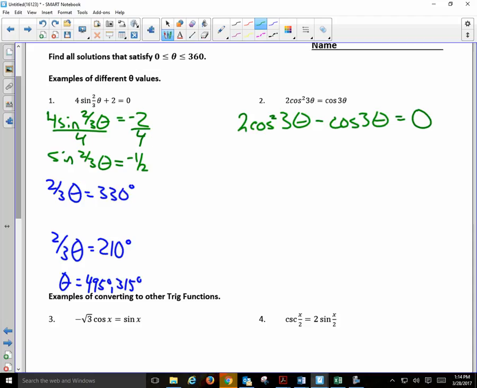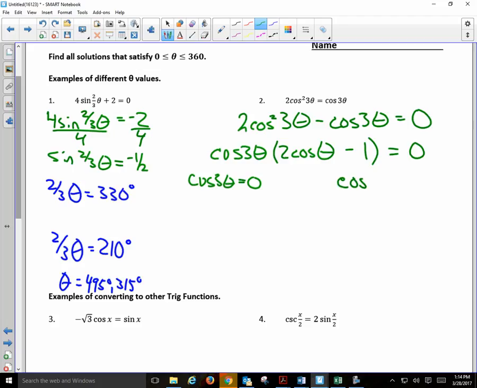Factor out a cosine. Nice job, Rach. Cosine of 3 theta times 2 cosine of theta minus 1 equals 0. So I got to find where cosine of 3 theta is equal to 0 and where cosine of theta is equal to 1/2.